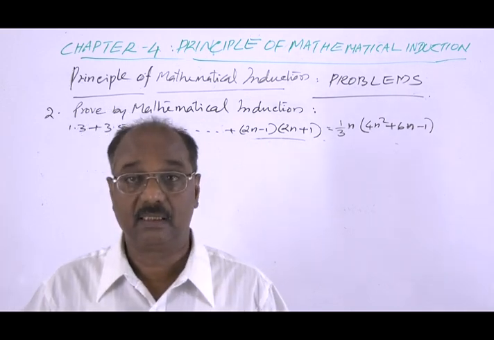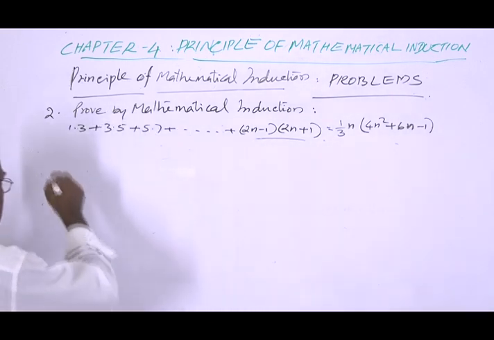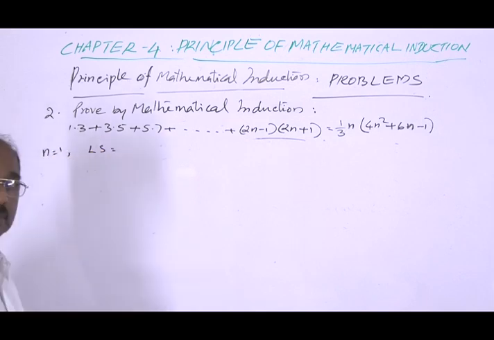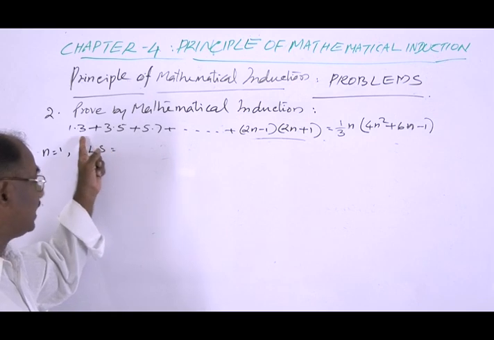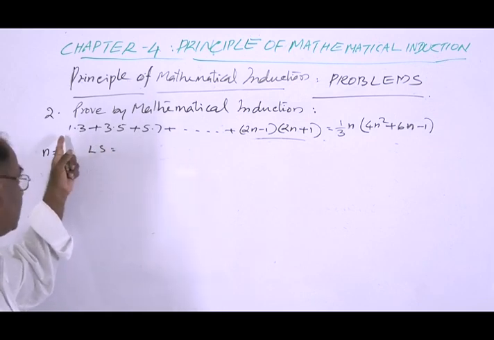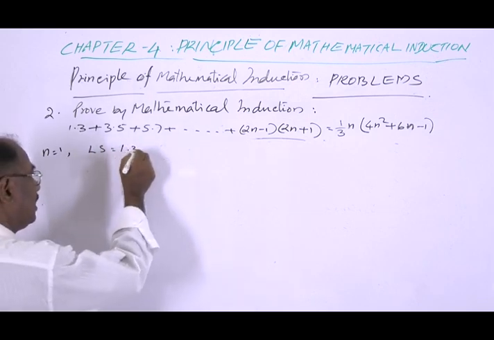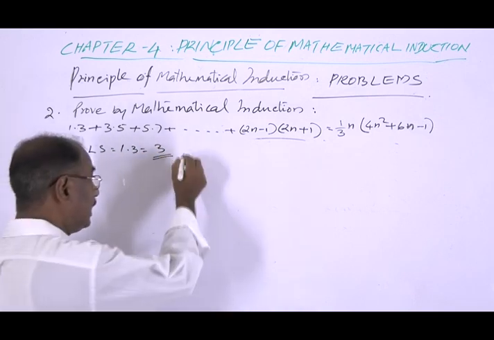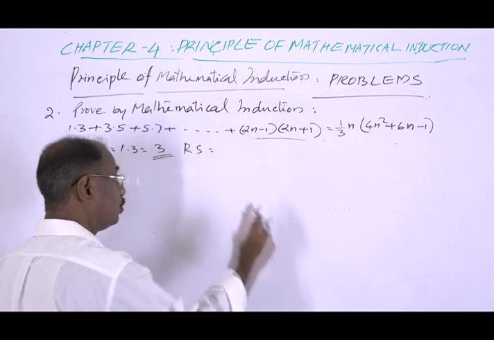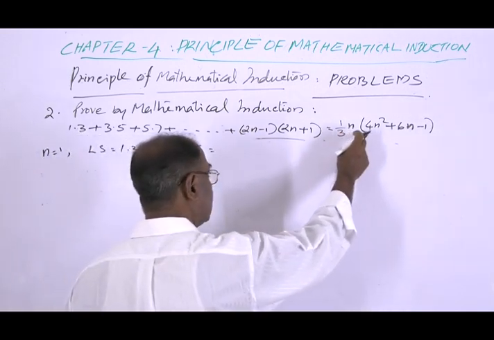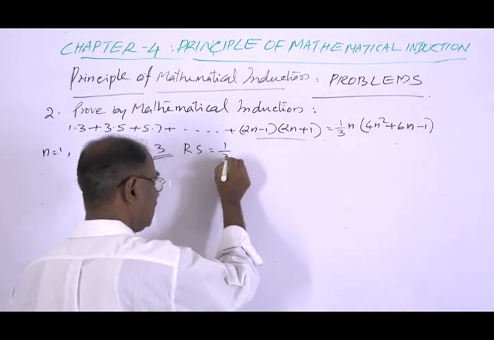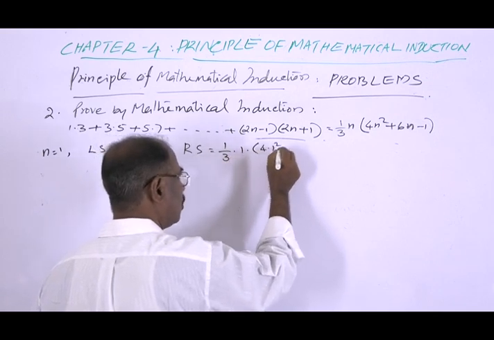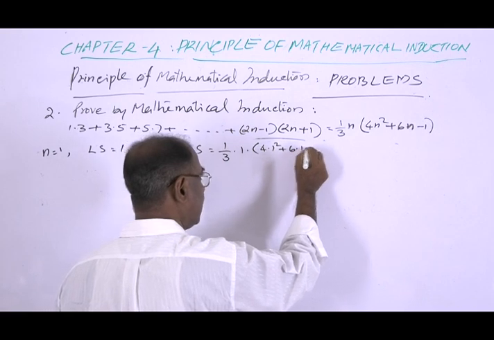So first case, for n equal to 1, the left side has only one term, which is 1 into 3, which is equal to 3. Left side equals 3. Then the right side: put n equal to 1, so this is 1 by 3 into 1 into (4 into 1 squared plus 6 into 1 minus 1).